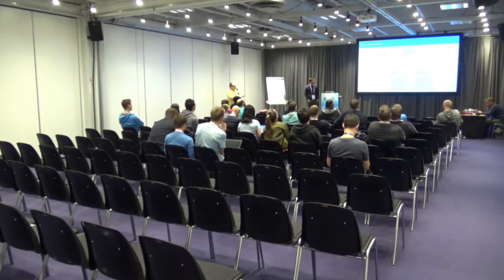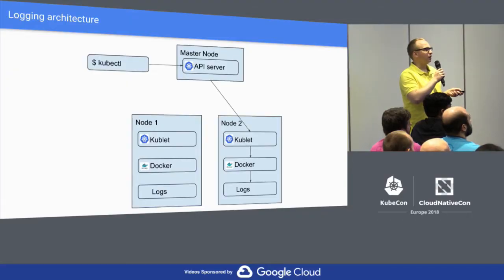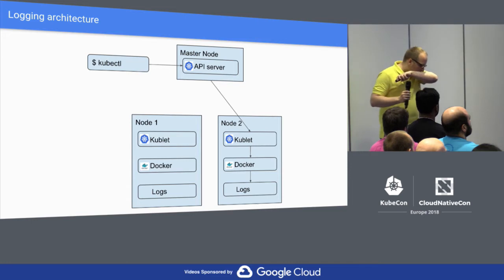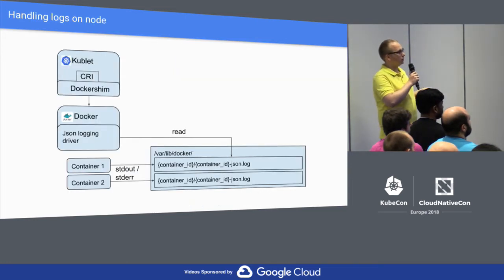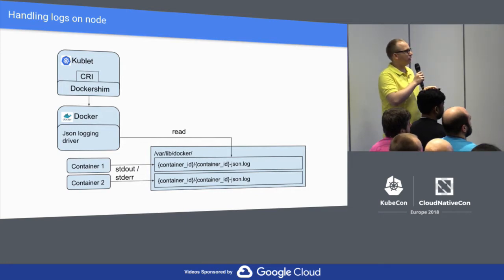So this is the high-level logging architecture overview. Here is kubectl logs, going through the master machine, querying for logs from kubelet, Docker, and that's it. So how does it work in detail? If a container logs to stderr or stdout, this log is written to a file.